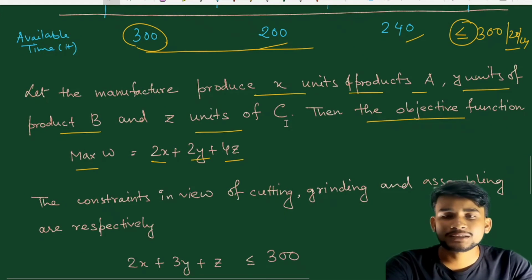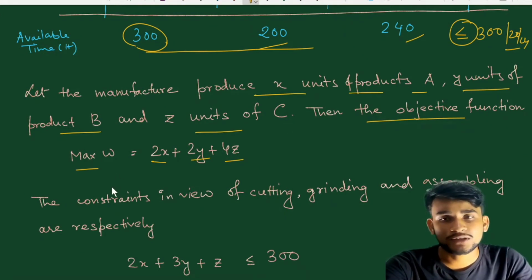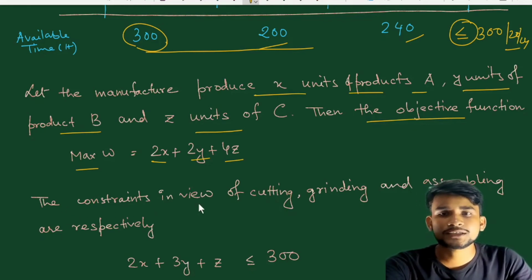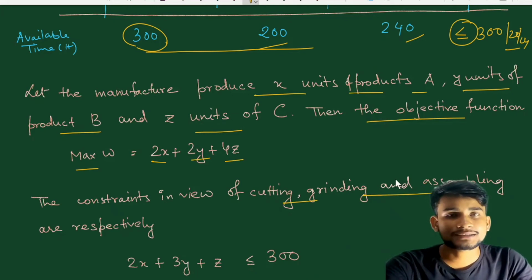So we have to maximize the total profit of the company. The constraints in view of cutting, grinding and assembling are what make the constraints.